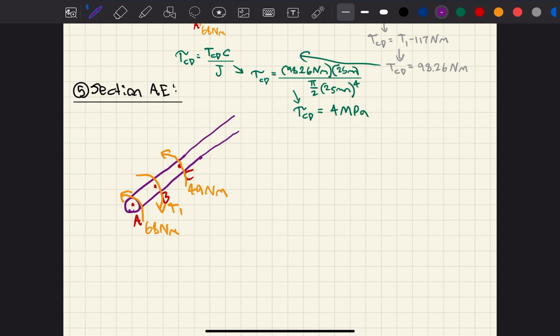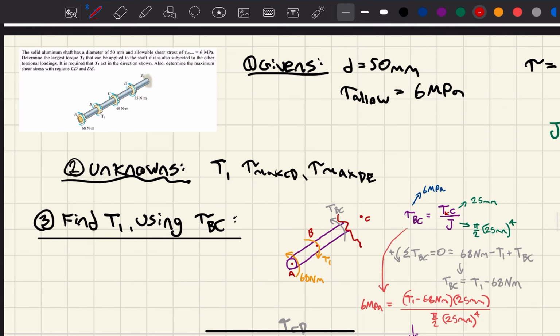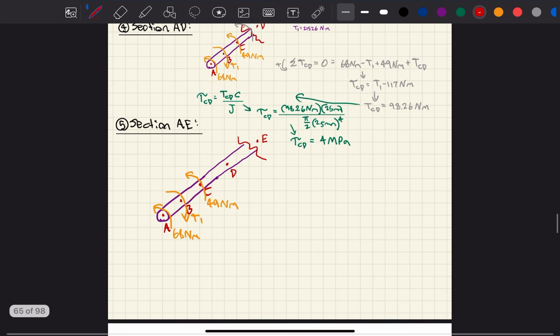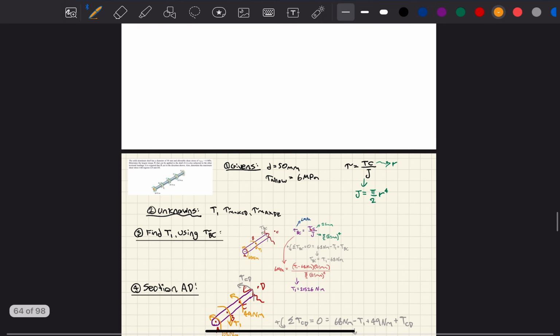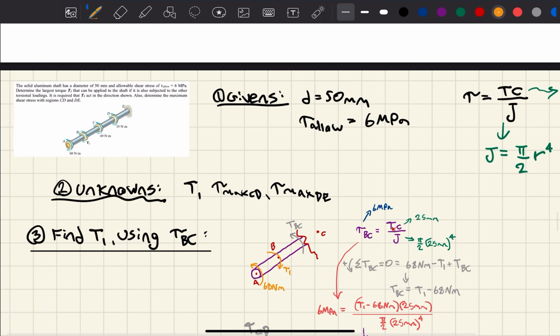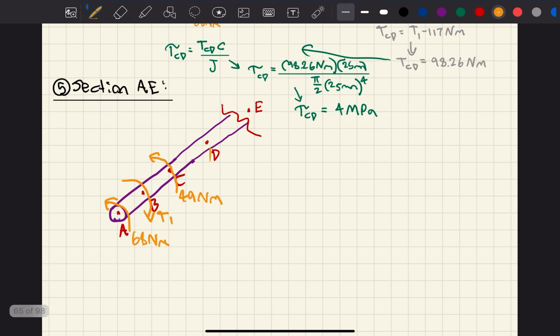Now I'm also including point D. This is my point E. Point D, I forgot what torque acts there. 35 Newton meters. And is it positive or negative? It is positive, so counterclockwise. So 35 Newton meters.